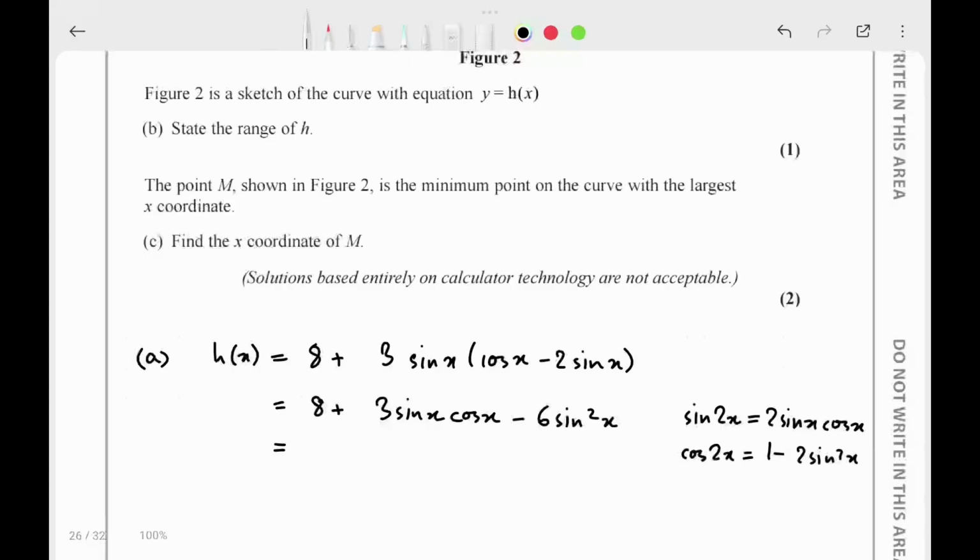So we can write this as, not 8, 5 plus 3 by 2 sine 2x plus 3 cos 2x.